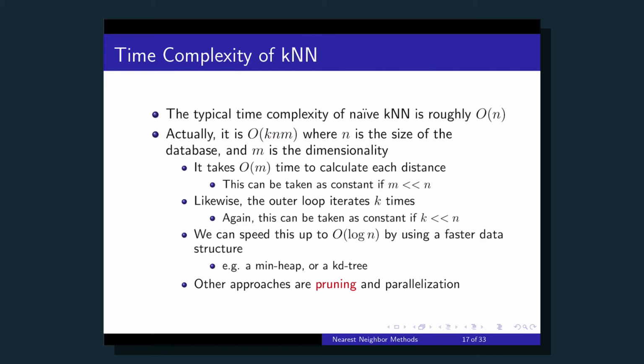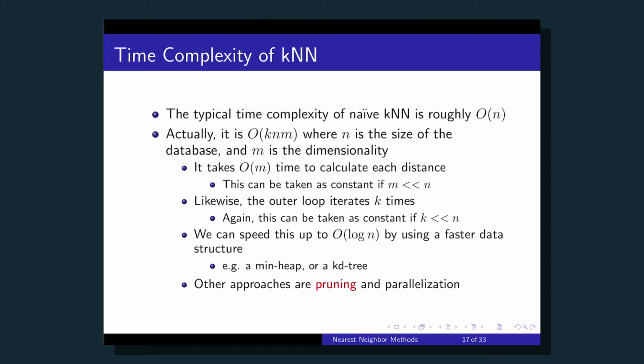But what happens mostly in practice is, although it takes O of m time to calculate each distance, usually the number of dimensions is much smaller than the number of instances. So if it's, for example, just a 2-dimensional or 3-dimensional data set, you can just assume O of m is constant. Likewise, if you're doing just three nearest neighbors with 1,000,000 points, that 3 is not going to be that important. You can take it as constant, and then you'd basically have O of n.